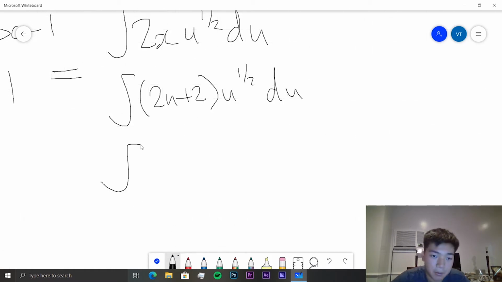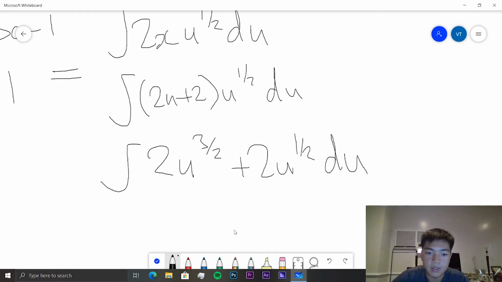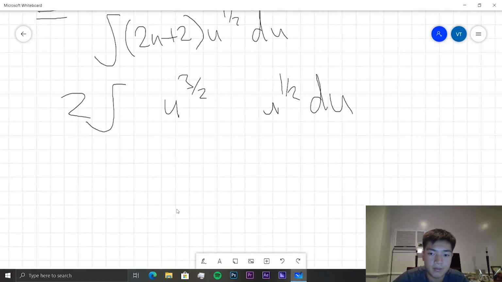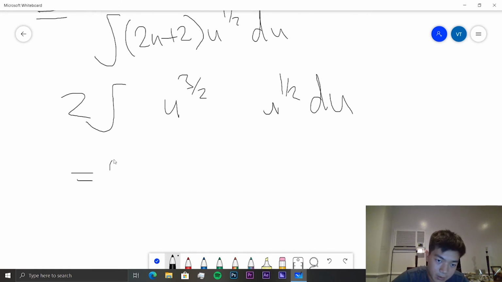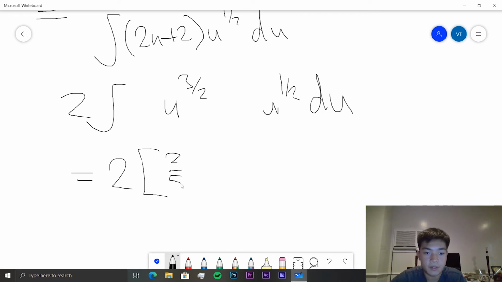So then we can go here: 2u to the 3/2 plus 2u to the 1/2 du. Or we can actually just take 2 out of this entirely, and so it's just u to the 3/2 plus u to the 1/2, which is equal to 2 times 2/5 u to the 5/2 plus 2/3 u to the 3/2.